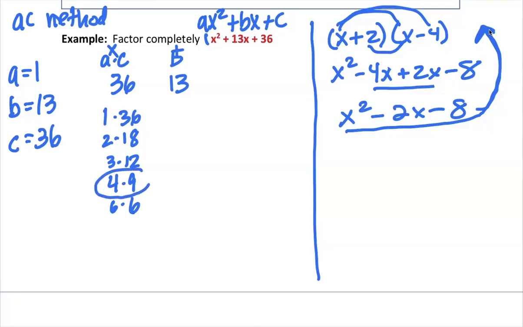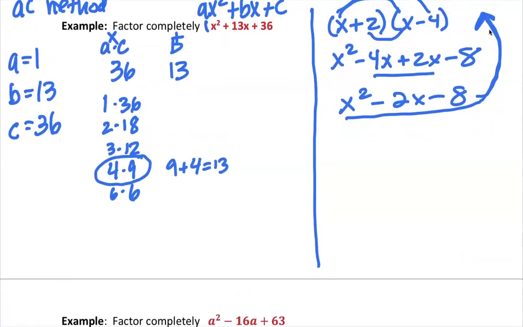The 9 and the 4, that can make a 13. So that tells us if we have x plus 9 times x plus 4, I'm using these 2 numbers in my binomial terms, x plus 9 times x plus 4.